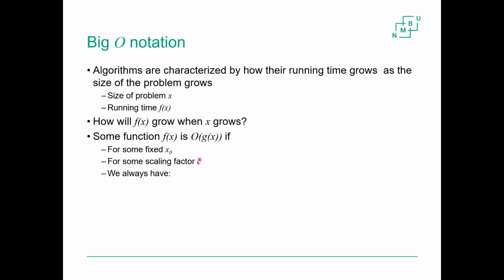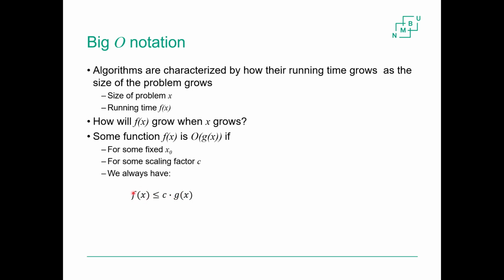There is also a scaling factor, and once these are given, the actual running time is always smaller than or equal to this function multiplied with this constant. You have this possibility of having a constant that you multiply with, so it doesn't have to be exactly limited by this function, but this function times some constant.